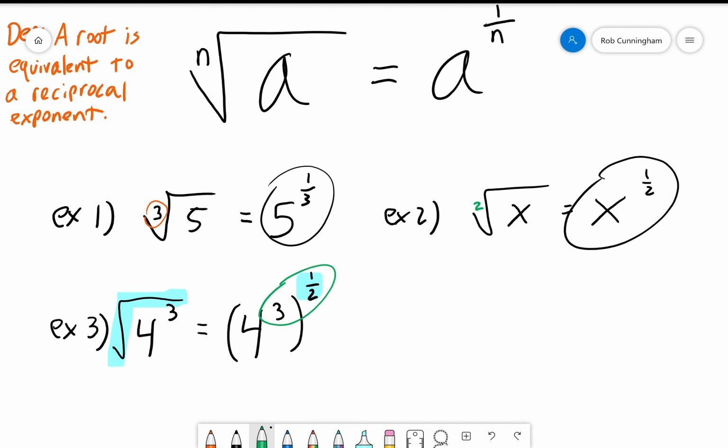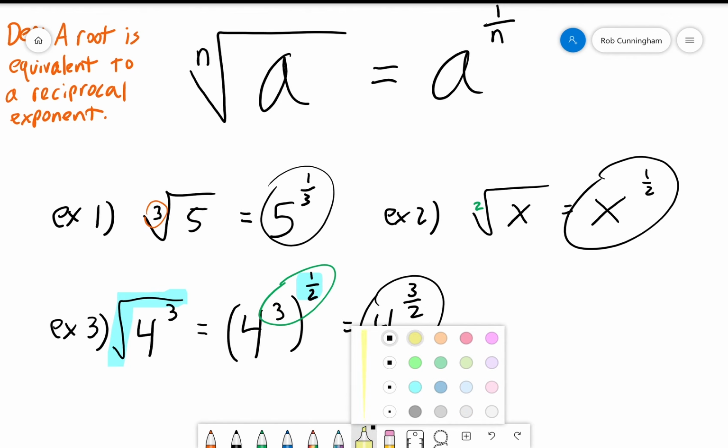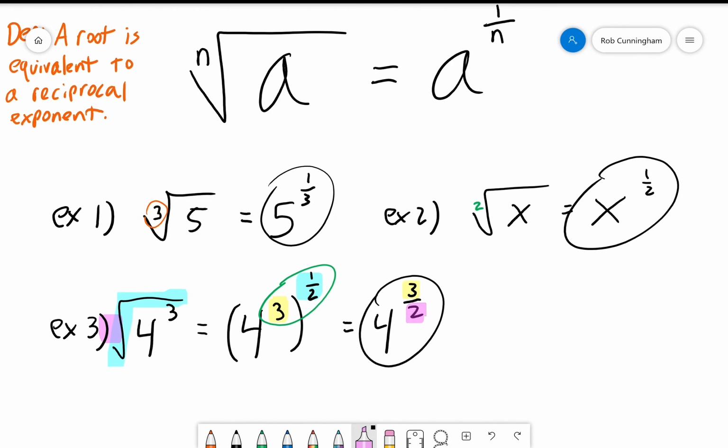And we already have a rule for this. That was a couple of videos ago. When you have a base with an exponent raised to another exponent, you multiply the two exponents together. So this becomes 4 to the 3/2. Notice how the 3 ended up on the top and the implied 2 ends up on the bottom.